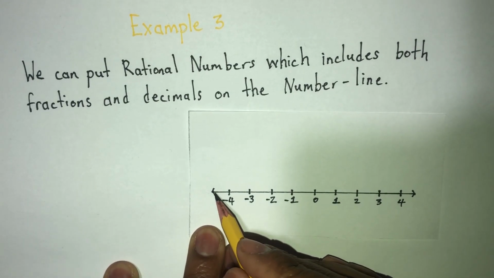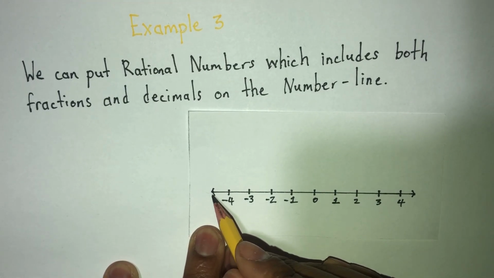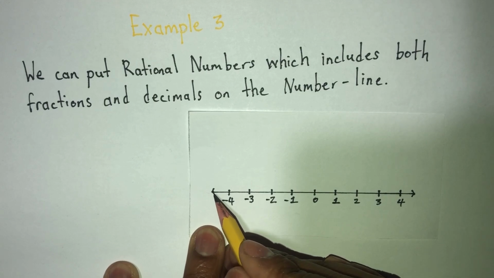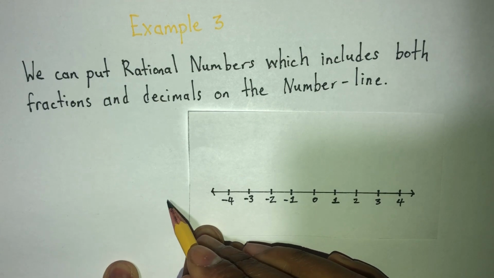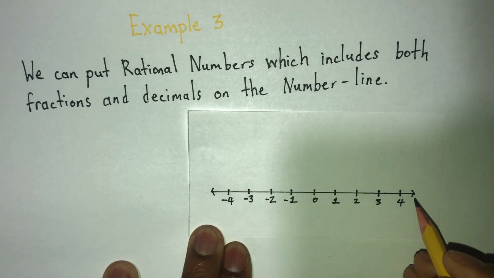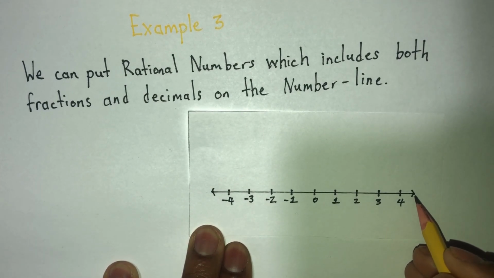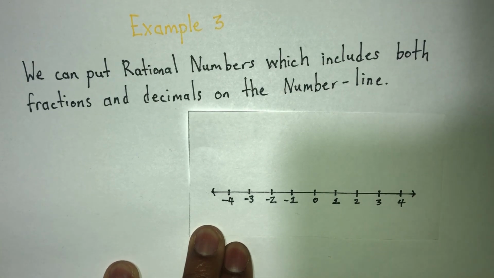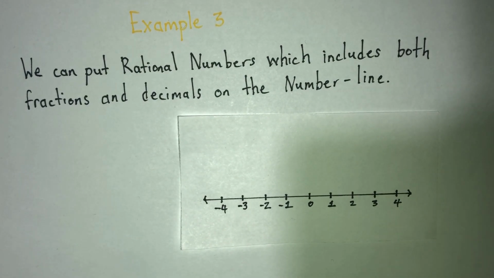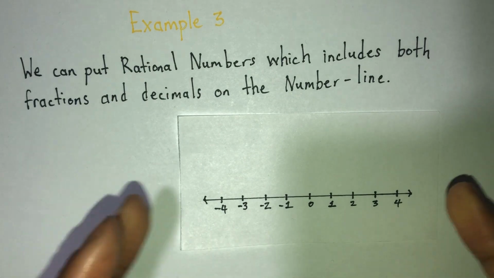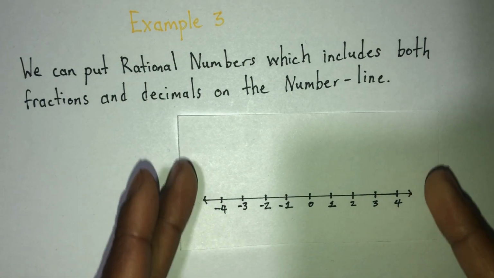The arrow on the line positioned here shows that the line extends to negative infinity, and the arrow on this side shows that the line extends to positive infinity. Right now, we are focusing on the numbers that we have directly in front of us.